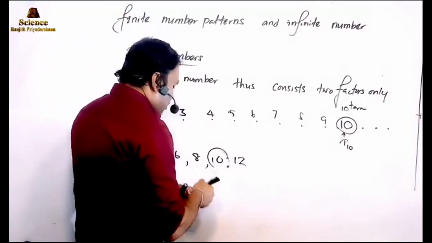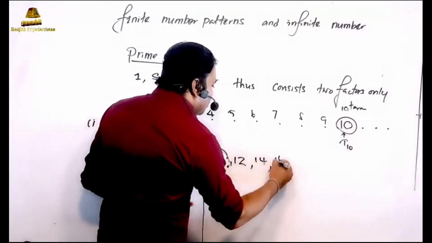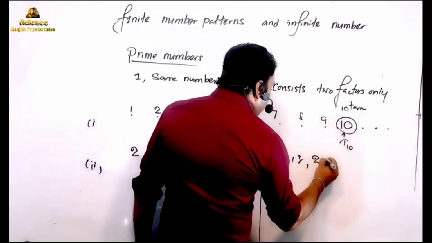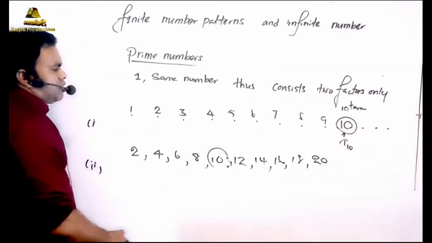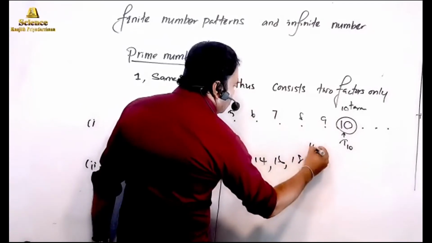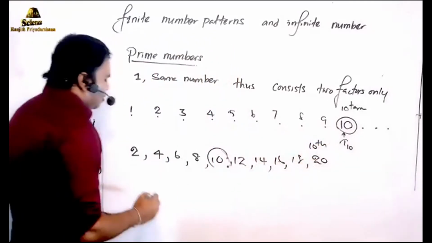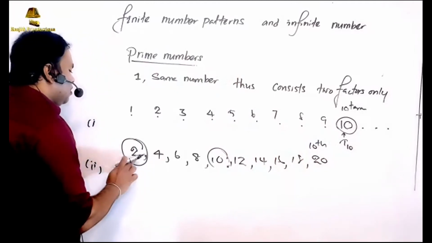10, 12, 14, 16, 18, 20. Let's continue that. So that's the 10th term. That starts with the initial term, the first term, as 2.